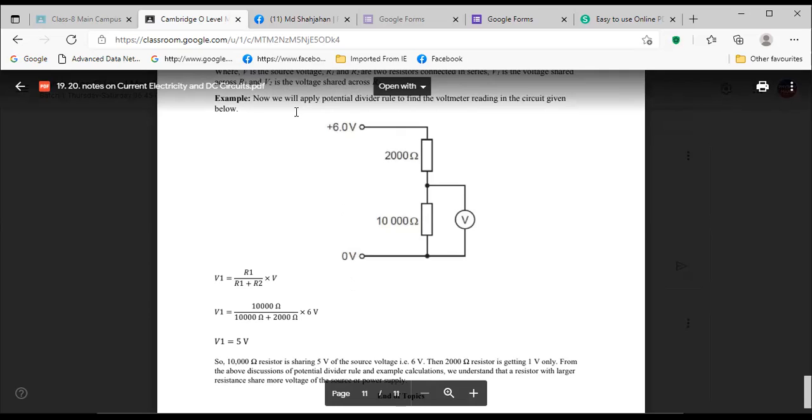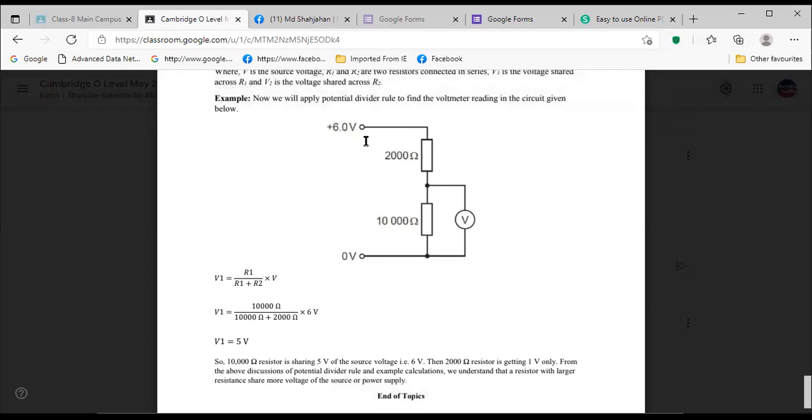We are focusing on the potential difference. Here is 0, here is 6. Then the potential difference between these 2 points is 6 volt. Is it clear? Yes, sir.